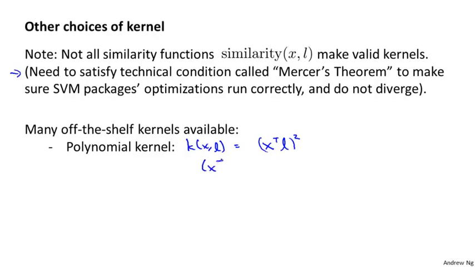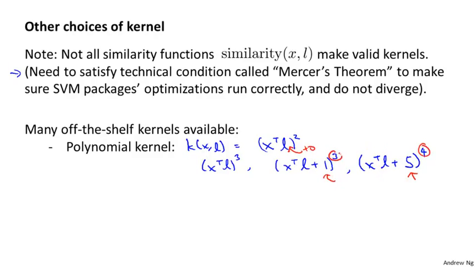Another is x transpose l cubed. These are all examples of the polynomial kernel. x transpose l plus 1 cubed, x transpose l plus maybe a number different than 1, like 5, and then to the power of 4. And so the polynomial kernel actually has two parameters. One is what number do you add over here? And it could be 0. This is really x transpose l plus 0 over there.